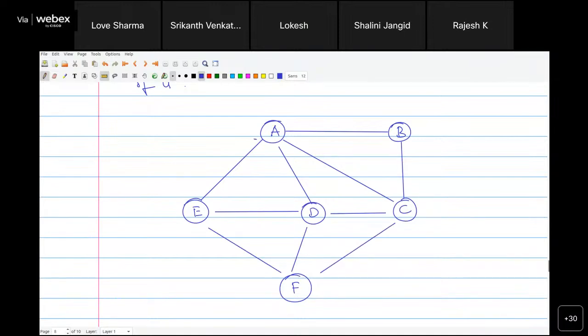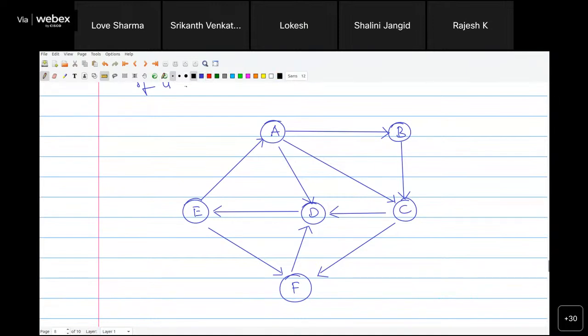Let me give directions to this. Okay. So this is a directed graph we have now. I will compute for two vertices, and then onwards you should answer.